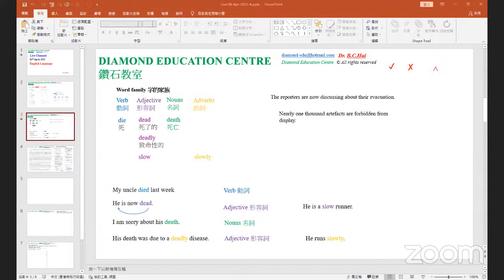That means you can only say yes. To negative, how to say no. Or interrogative, that means to add a question mark to the sentence.